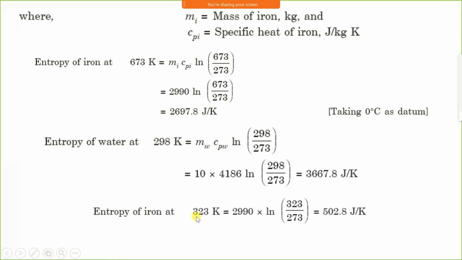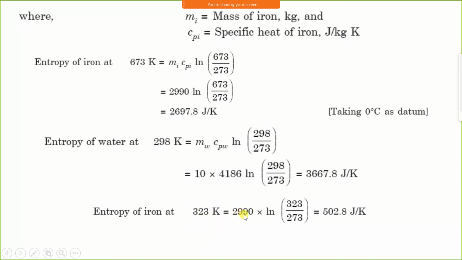Entropy of iron at 323 degrees Celsius is when iron becomes cold. When the heat is rejected from the iron, it reaches 50 degrees Celsius, that is 323 Kelvin.